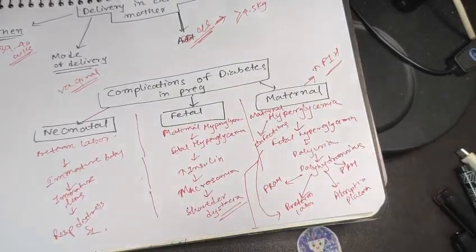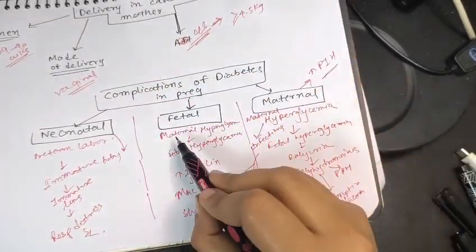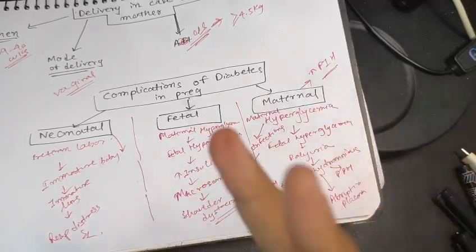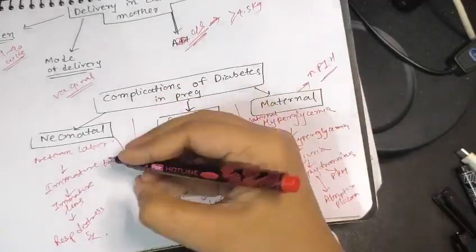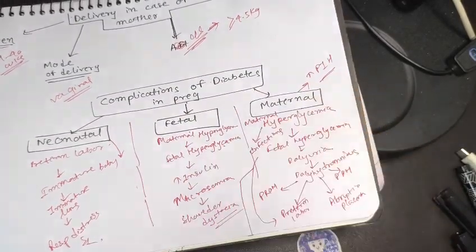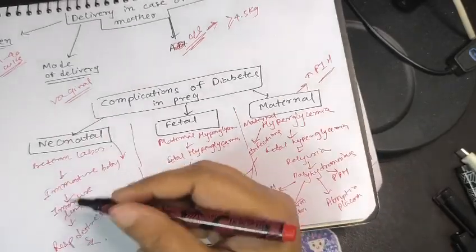Also, what happens when the baby is in the mother's womb? There will be fetal hyperglycemia. Now the umbilical cord has been cut. During the fetal hyperglycemia, the fetus has started producing insulin. Now after the delivery, the umbilical cord has been cut.